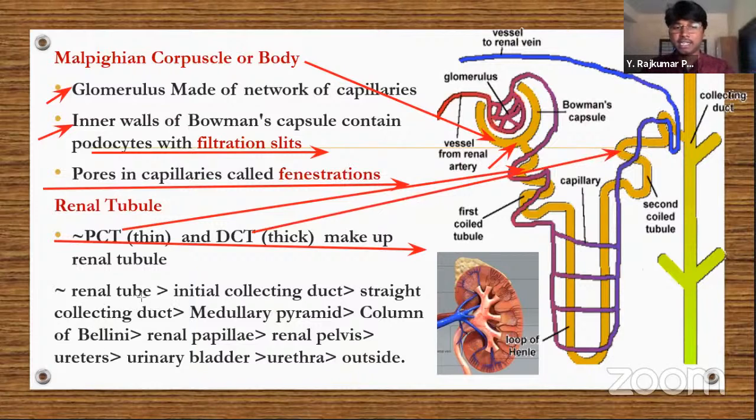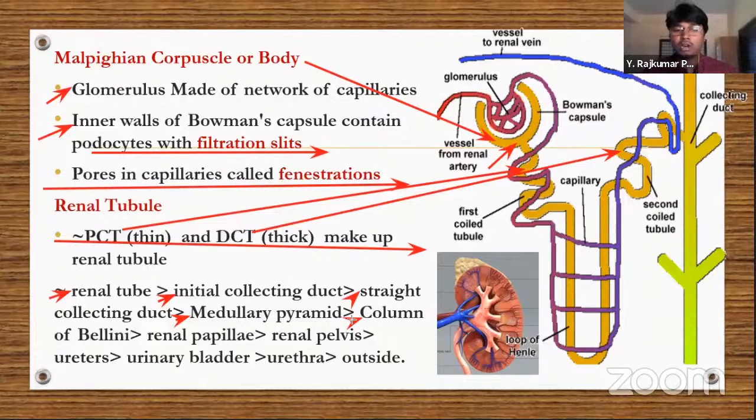So what is the cascade of the urine, where does the urine go from which part to which part? Let's see. First of all, the urine is filtered and comes to the renal tubule. Then it goes into the initial collecting duct. Then it enters the straight collecting duct. Then it goes to the medullary pyramid of the kidney. Just now I located them.